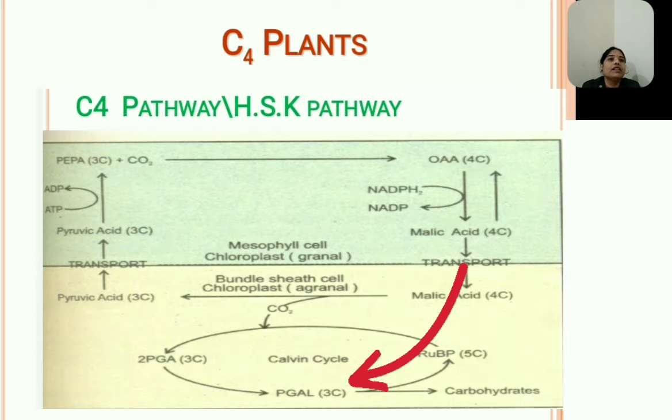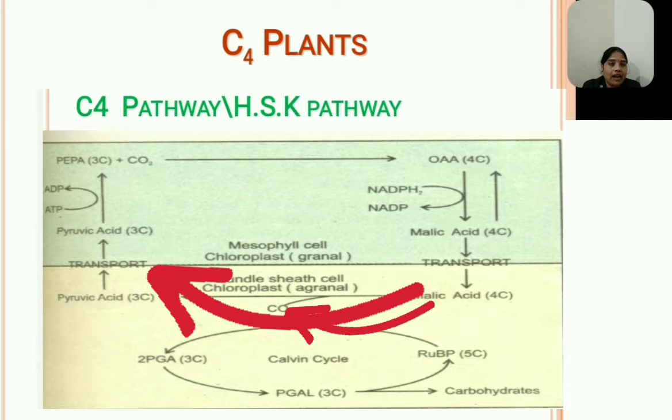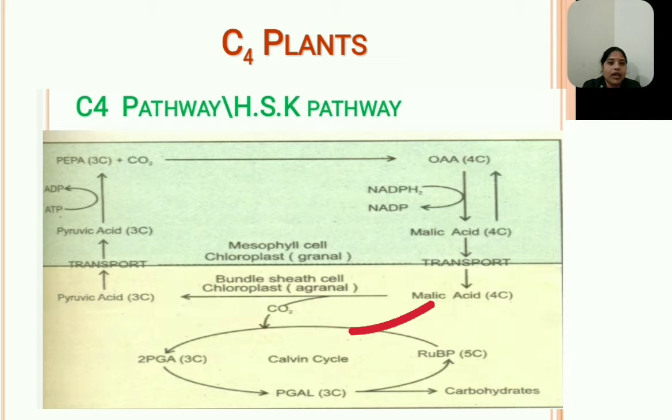Here 1 carbon is released because malic acid is made from 4 carbon, and when it enters the bundle sheath cell, it is converted into 3 carbon pyruvic acid. The 3 carbon atoms are here, and the remaining 1 is in the cytoplasm.